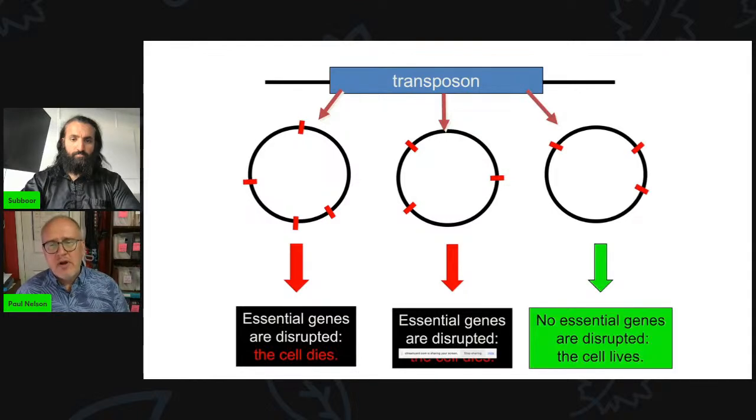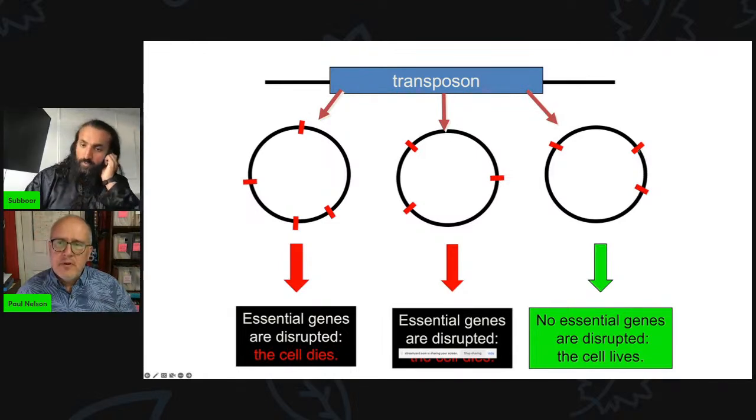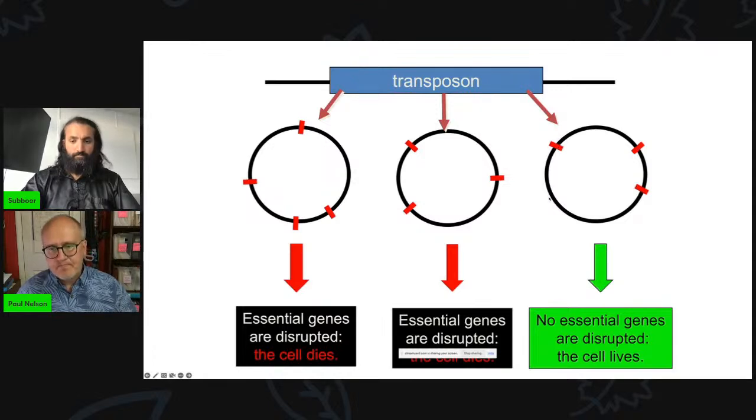In this case, however, transposons integrated, but they didn't land on genes that the cell couldn't do without, or the protein products that the cell couldn't do without. Well, if you do this often enough, repeat the process, you will be able to work your way right around this chromosome, especially if it's a fairly small chromosome.